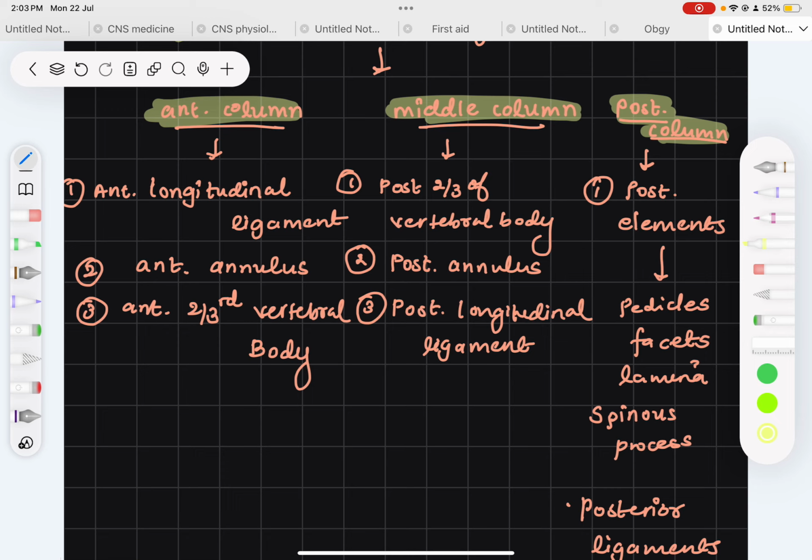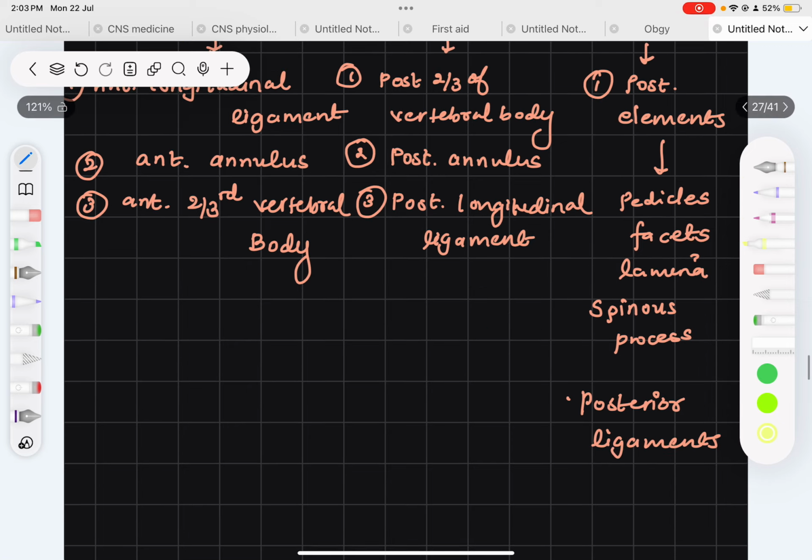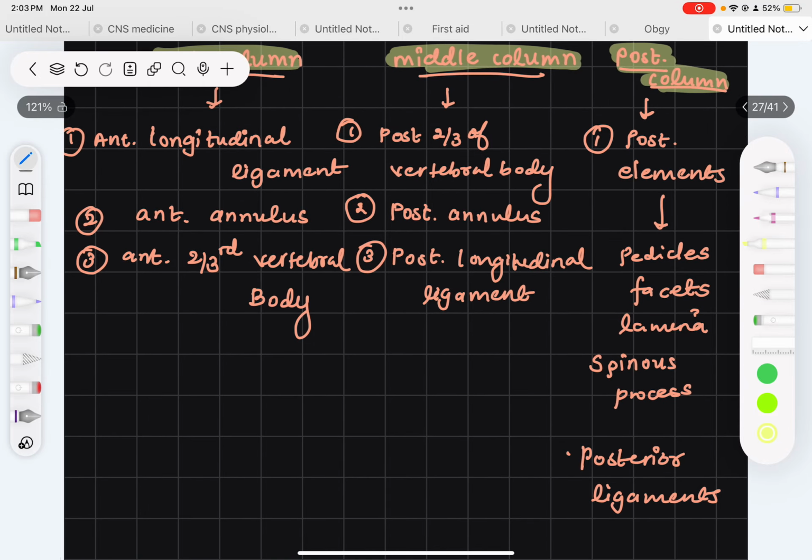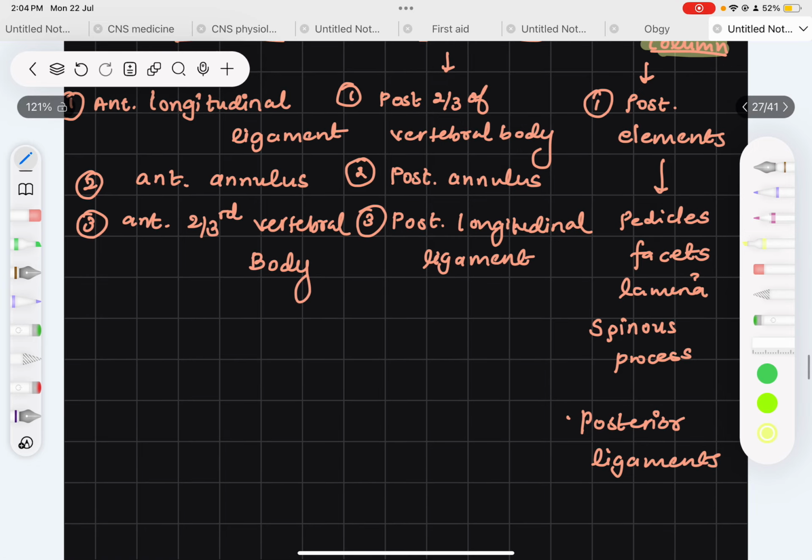So this is the whole classification: anterior, middle and posterior. Anterior and middle combined are formed by the vertebral body, and the posterior column is formed by the posterior elements.